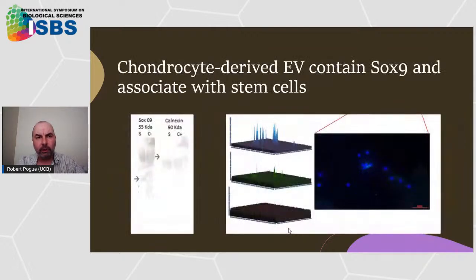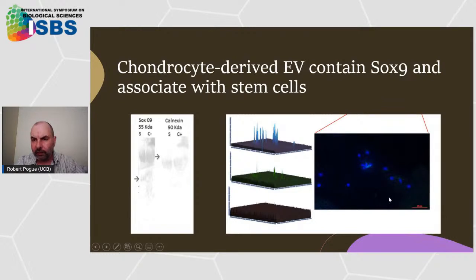Now, as well as all this, we also showed that the extracellular vesicles are associating with the cells. So here we have our mesenchymal stem cells, which are shown here using the DAPI stain, which stains the nucleus of cells. And we also have the vesicles which have been applied in, and they're stained with the green stain here.